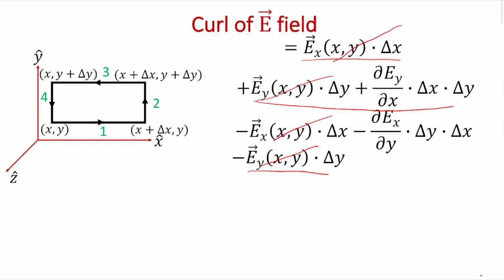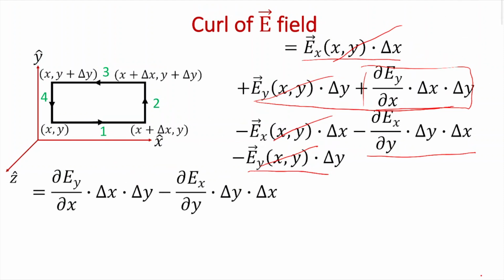So we are only left with these two terms, and we can add them together and we get del Ey over del x times delta x delta y minus del Ex over del y times delta y delta x.